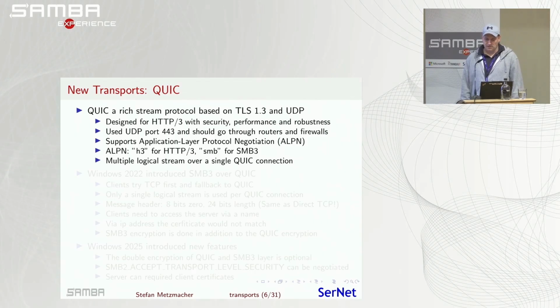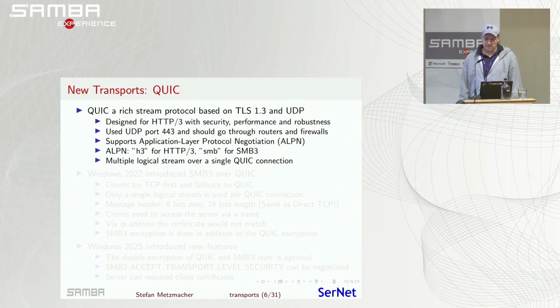And the thing is that it supports an application protocol negotiation, and there the client says, I want to talk to the HTTP server with h3, or to the SMB server specifying smb.